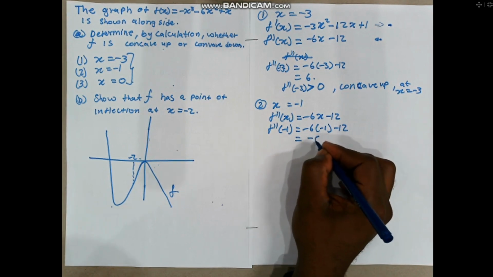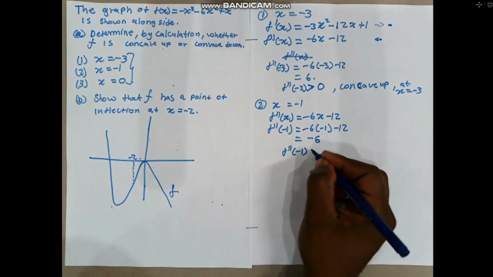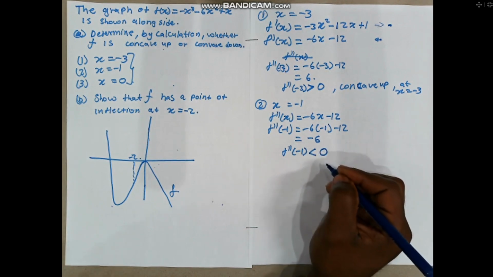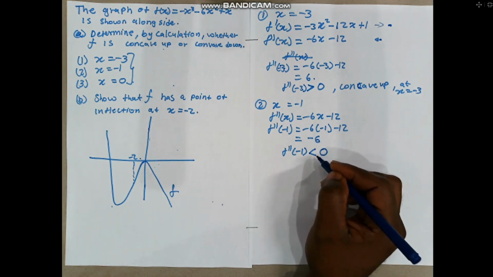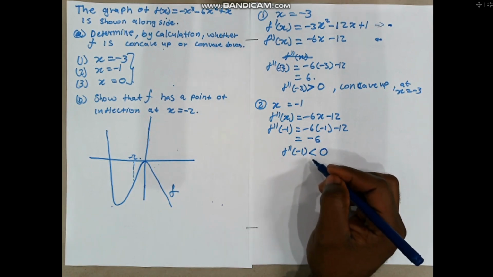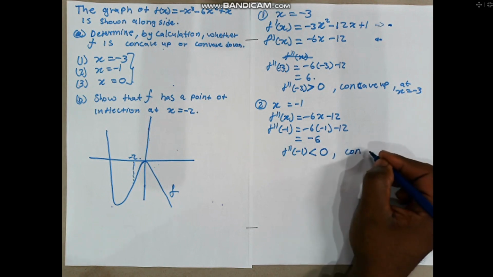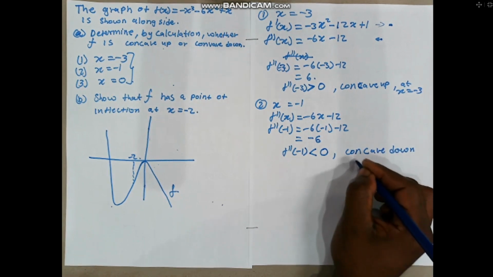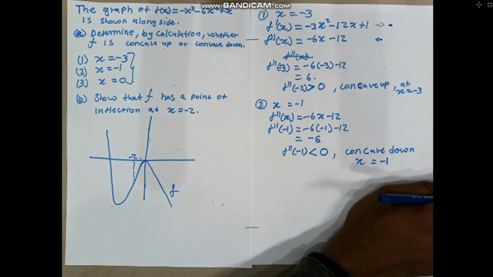We get -6. -6 is less than 0, meaning it's negative. So this means that our graph is concave down where x is equal to -1.